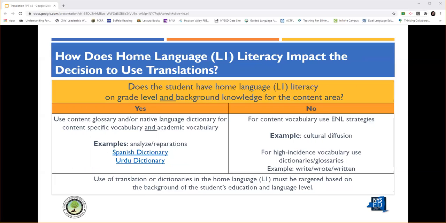For example, you can use a Spanish dictionary or an Urdu dictionary. If no, then for content vocabulary, use ELL strategies, for example, cultural diffusion. For high incidence vocabulary use dictionaries, glossaries. Example, they can write down, write, wrote, written. For both instances, the use of translation or dictionaries in the L1 must be targeted based on the background of the student's education and language level.